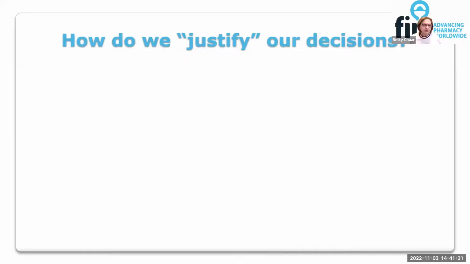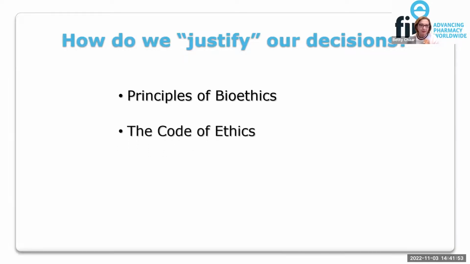You might ask how we justify those decisions. So I'm going to go a little bit into what we draw on. The main thing I would suggest would be to know your 4 principles of bioethics. Those 4 pillars are so important, and they cover most of the scope of our ethical dilemmas in practice. So try and remember those. I'll remind you of them in a minute. You might have a code of ethics handy, or you know it by heart, that would be great.